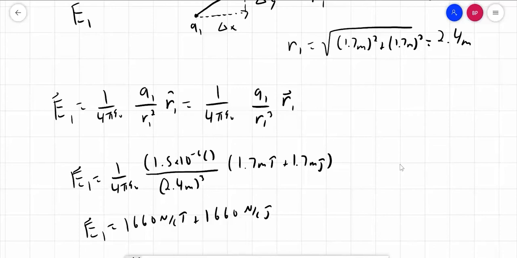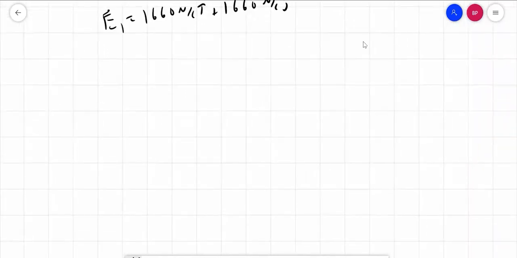All right, so let's do 2 now. We want to do the electric field due to 2. Well, we do the same thing. We draw our Q2, we draw our point P. And the vector that points from the charge to where we want to know the field, that's our full vector.